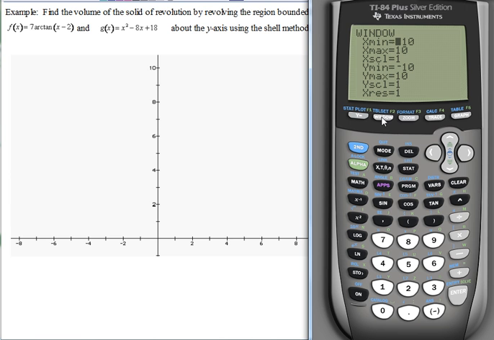And let's change our window size here. Let's make it x minimum -8, x maximum 8, and y minimum -1, y maximum 10.